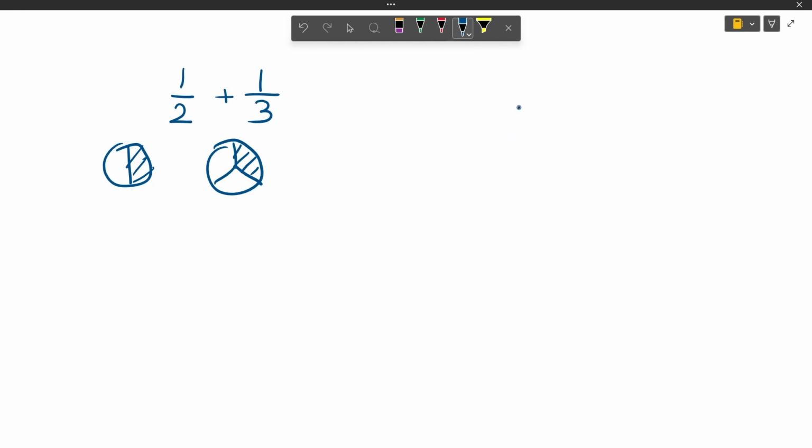If we multiply both numerator and denominator by the same number, we still have the fraction without any change. Let's multiply this by 2. Now we have 2 in the numerator, 4 in the denominator.